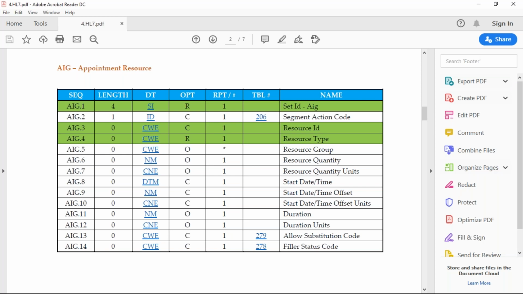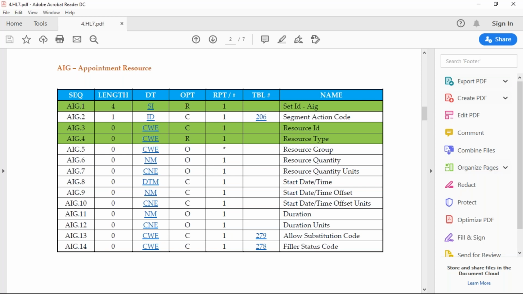Okay. So that resource information will be sent in AIG3. Now, if we have a scenario where the appointment is being scheduled for a provider, then at that point of time, AIG and AIP will have the same information because AIG is resource information, and the provider is a resource.